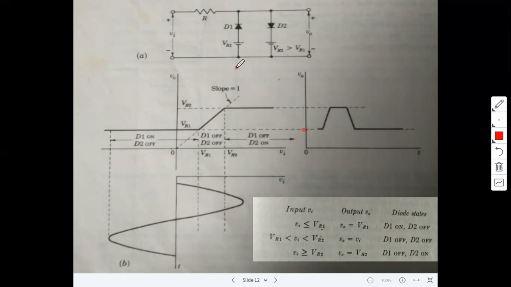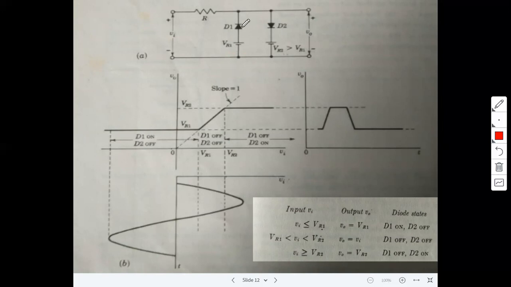But coming to this circuit, this is the second type of clipper, a two-level clipper circuit. That means this clipper circuit clips off the input signal at two different independent levels, right?